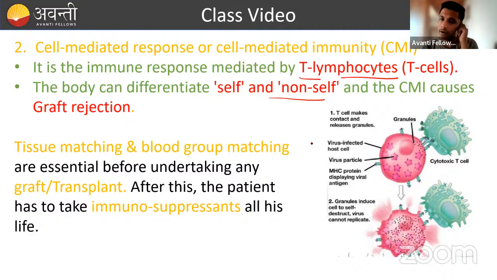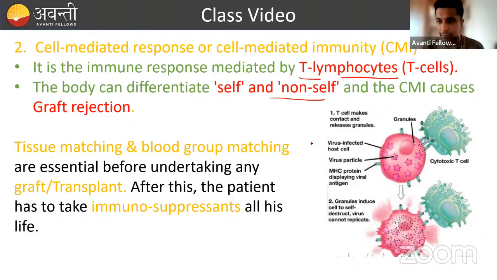So how do they do it? For example, let us take a host cell, our own cell, which is infected by viruses. Now these viruses usually produce specific proteins called MHC proteins. These MHC proteins are antigen proteins. Let us say that they are outsider proteins.